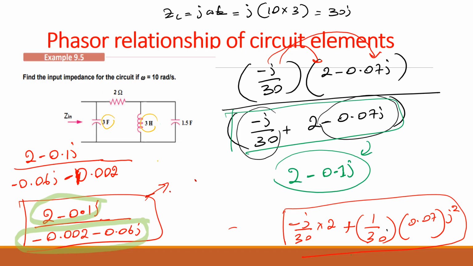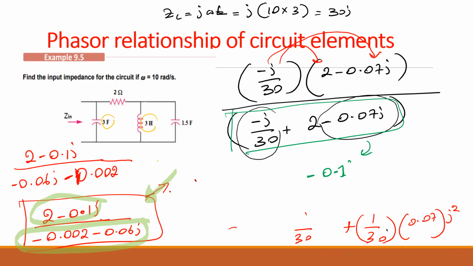This is our final impedance, but we need to further divide. To divide these two complex numbers, it is better to convert them to polar before dividing. So can you please find me the polar form of the numerator and the denominator?